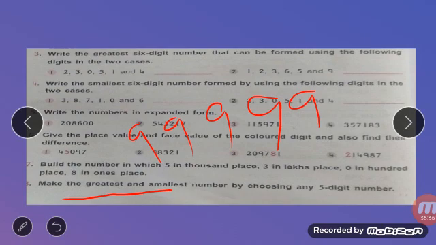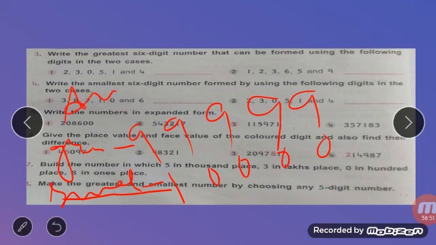For the smallest you have to put 1, then 1 2 3 4. That is the smallest 5 digit number. So write greatest, then the number, smallest, then put a hyphen and write the number. This is your answer.